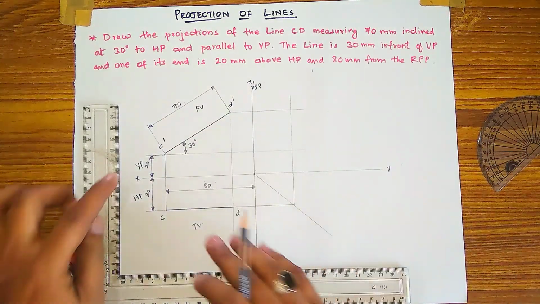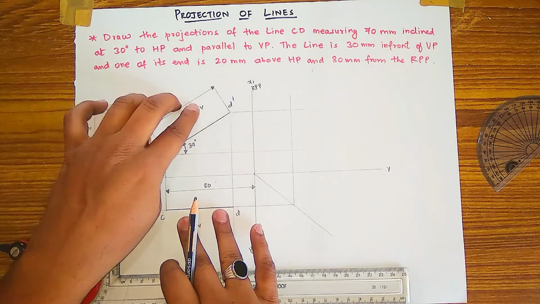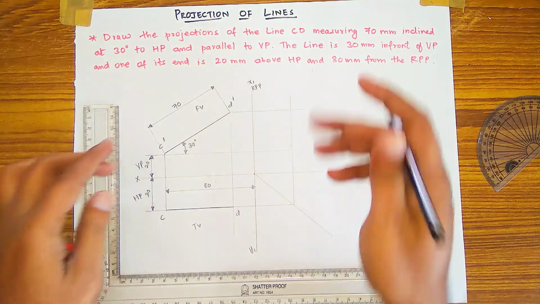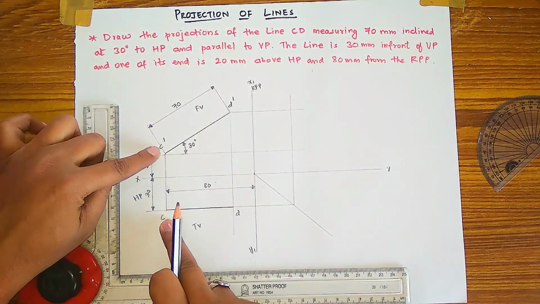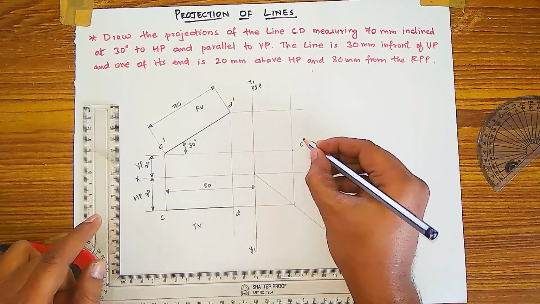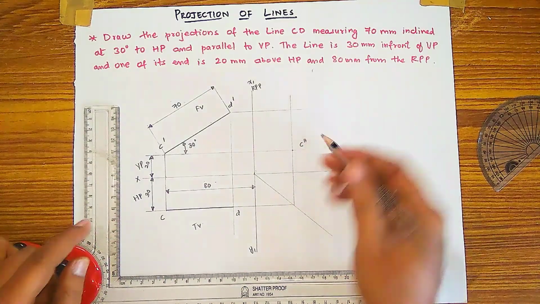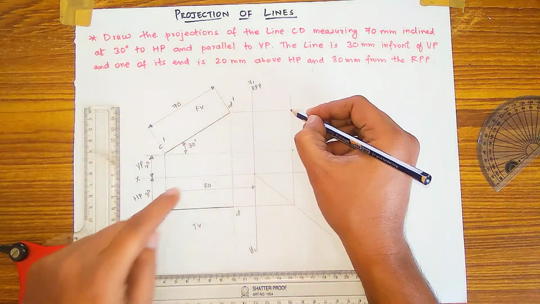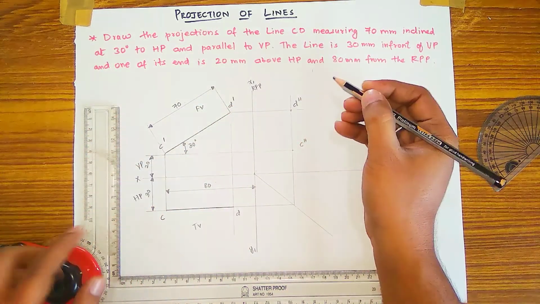Then after, you have to see where both the front view and top view points are meeting and put a point and label it. For example, C and C dash where it is meeting here, put a point, and label it as C dash double dash, and D dash where it is meeting here, and this will be D double dash.